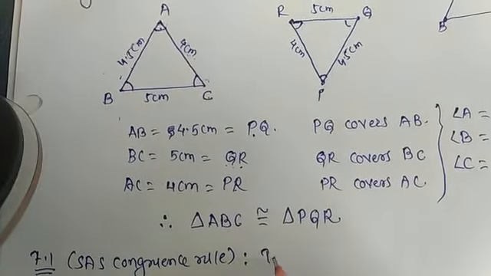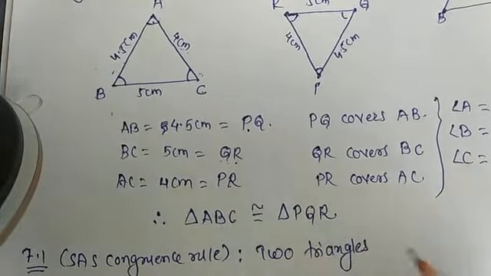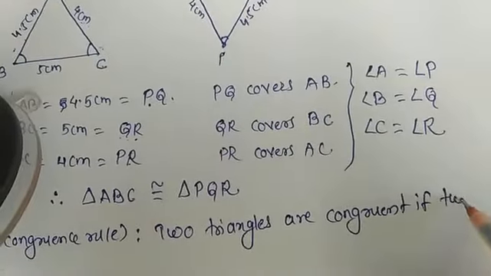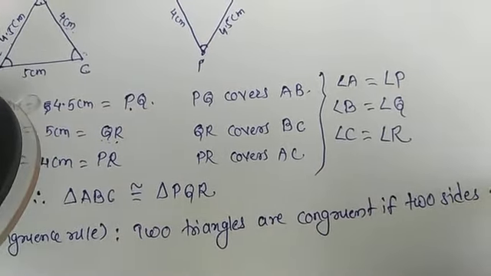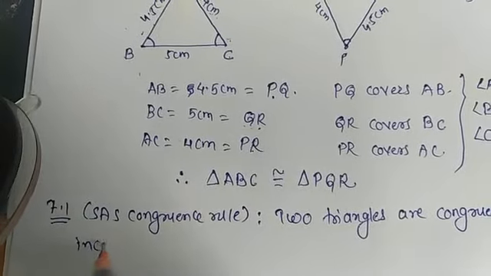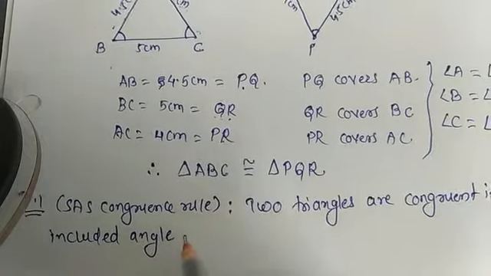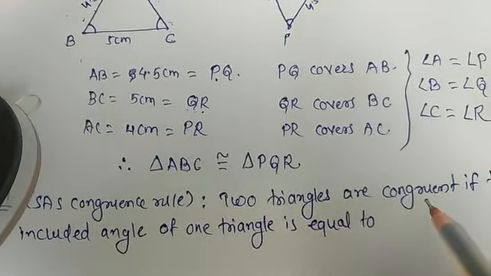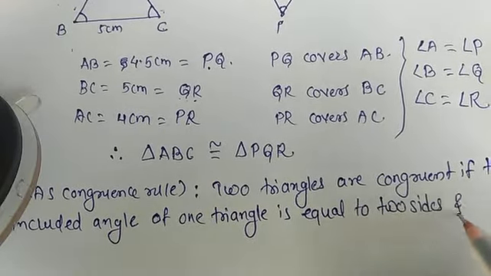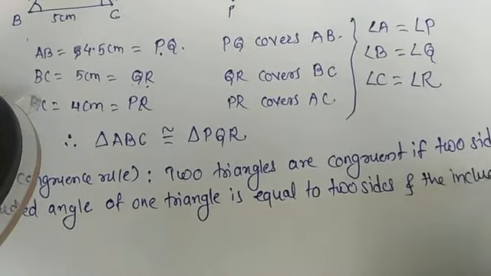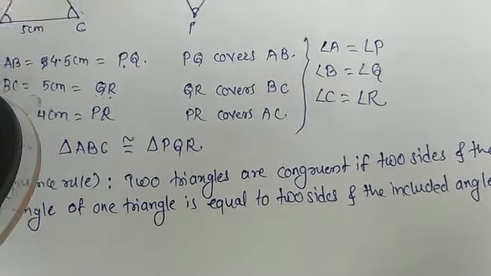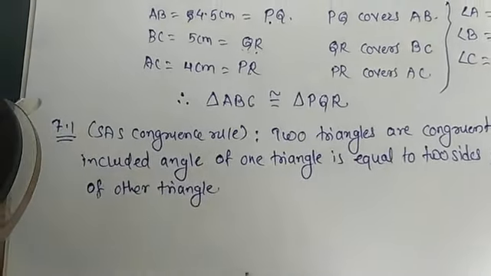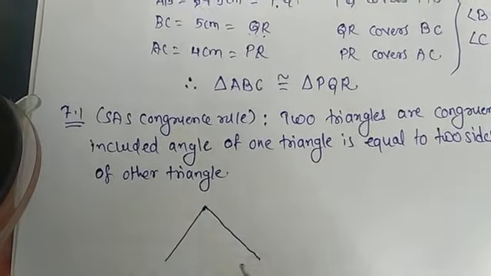It says that two triangles are congruent if two sides and the included angle of one triangle are equal to two sides and the included angle of the other triangle.